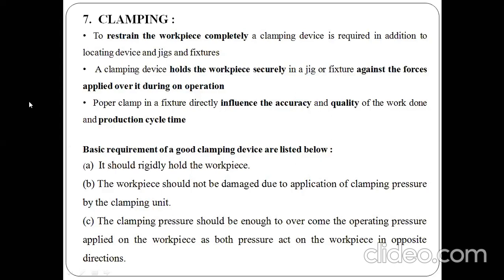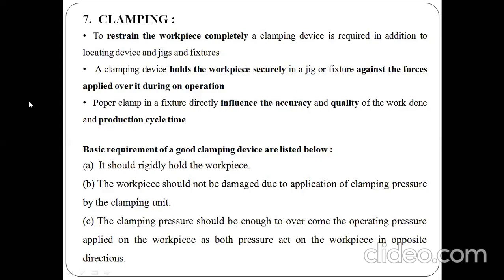So clamping plays an important role. To restrain the workpiece completely, a clamping device is required in addition to the locating device and the jigs and fixture. We are using jigs and fixtures plus locating elements, and we again require a clamping element to clamp your workpiece properly over this fixture.